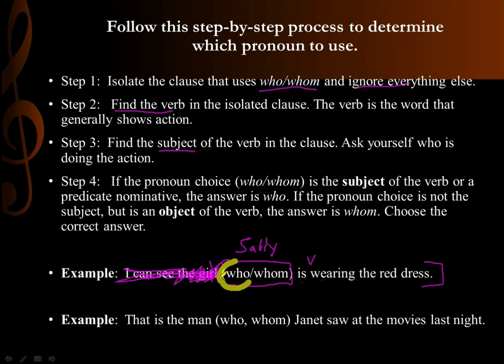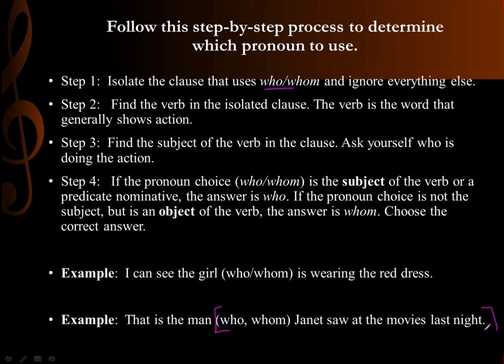Well, ours is the subject, and therefore who is going to be the answer. All right, let's do the same thing now. Go through the same process with the next example. First of all, we isolate the clause that uses who or whom, and remember that it will always start with who or whom. Put brackets around it. Find the verb, step 2.